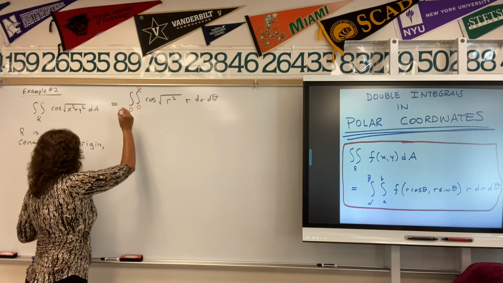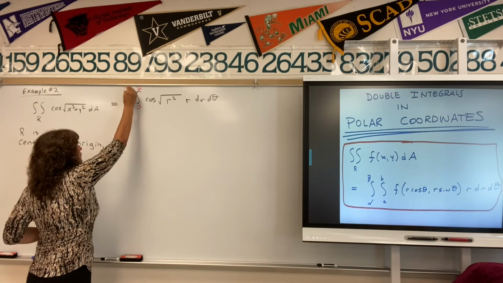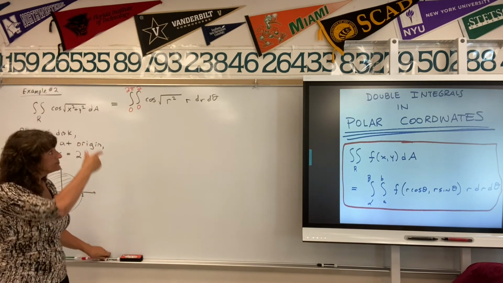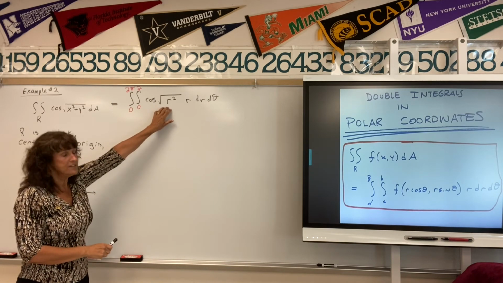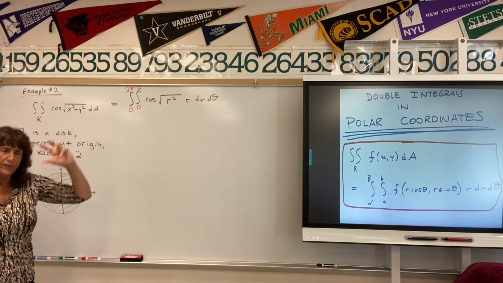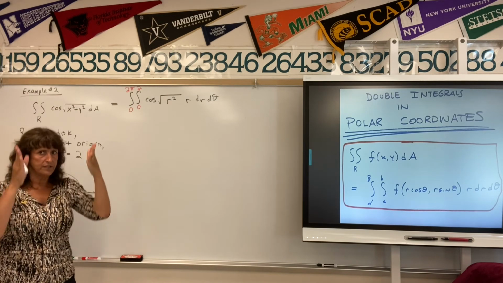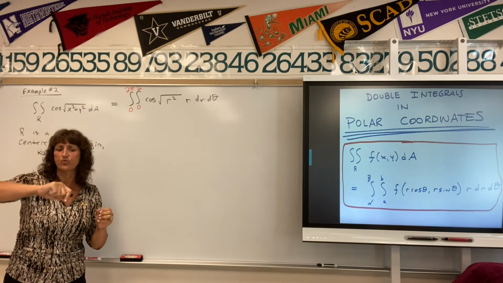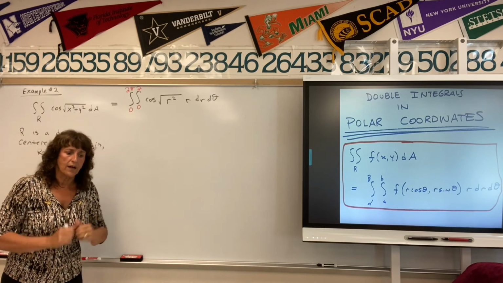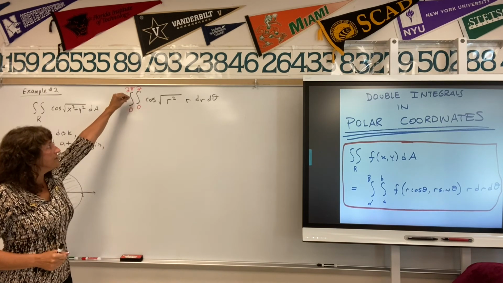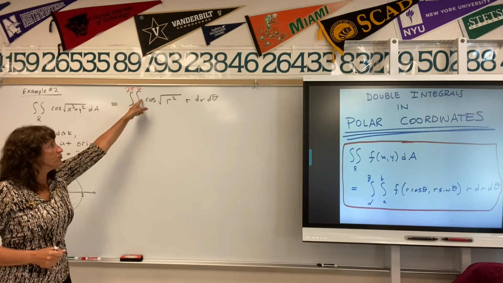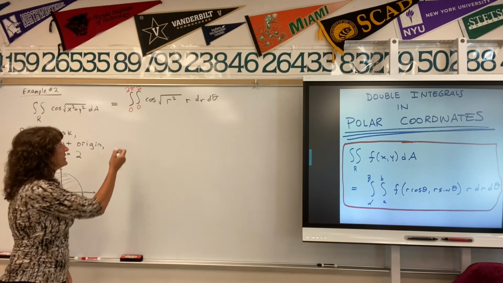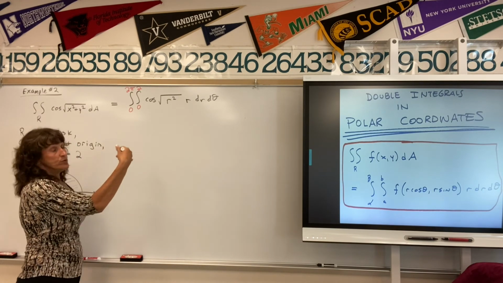So you start from 0 and travel all the way around to 2 pi, and these are the bounds. We can simplify the square root of r squared. You have to be careful: a radical with a variable squared usually needs absolute value signs, so the square root of r squared technically would be the absolute value of r. But because our radius is positive, we can drop the absolute value sign, so we can simplify the square root of r squared.